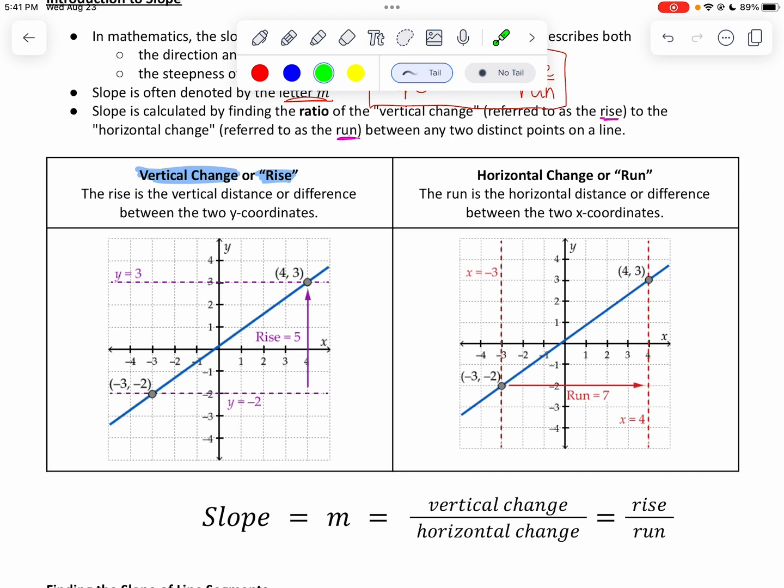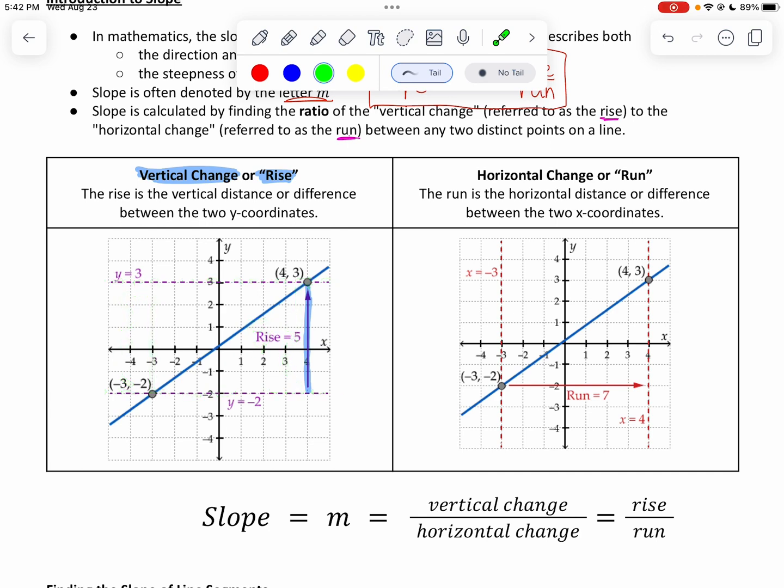So when I talk about the rise of a graph, I'm talking about this distance right here. From this first point, as I travel up to this point, ignoring that diagonal, how much have I actually gone up by? There are 2 ways I can look at it. If I draw a dashed line from the 2 heights, how much have I gone up by here? This would be 5 squares. Or how much have I gone up by here?